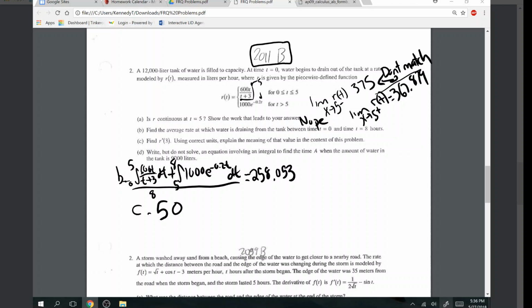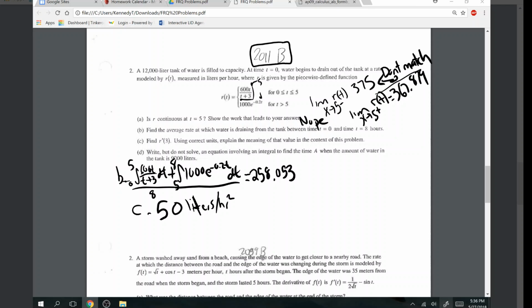And then, using correct units, we have to explain the meaning of this. So R is the rate at which water is draining out. So the change in rate is the change. It's exactly that. So using correct units, we're liters per hour squared, because liters per hour is what R of t is, and we've done it again, taking the derivative again, divided by another hour.